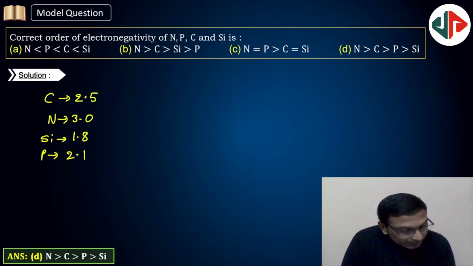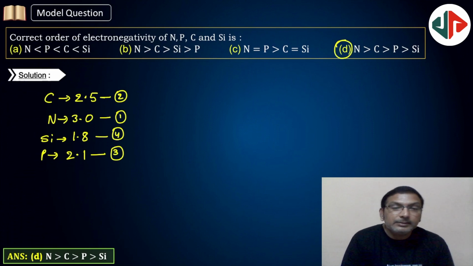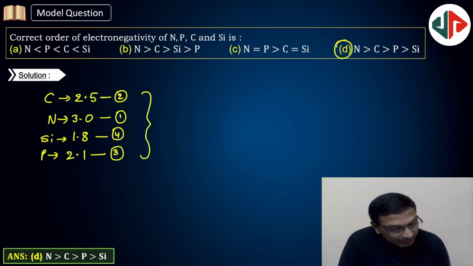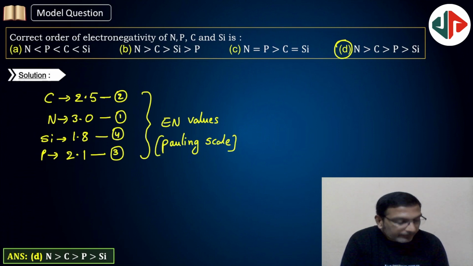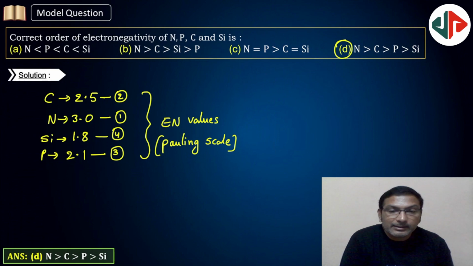Therefore order: nitrogen first priority, after that carbon, next phosphorus, next silicon. So order will be D. Electronegativity values are based on the Pauling scale. Nitrogen is most electronegative among the 4 elements. Next question.